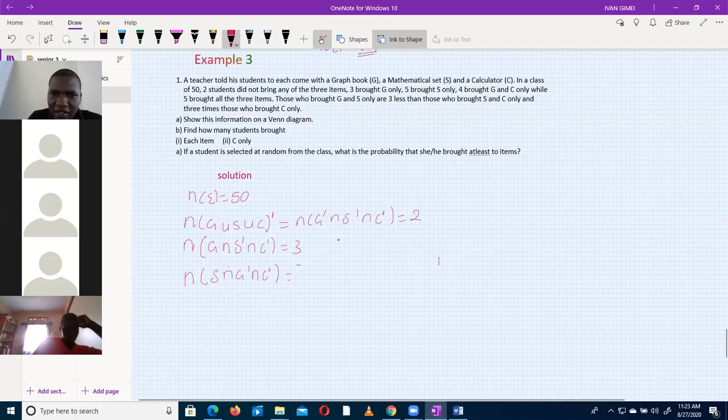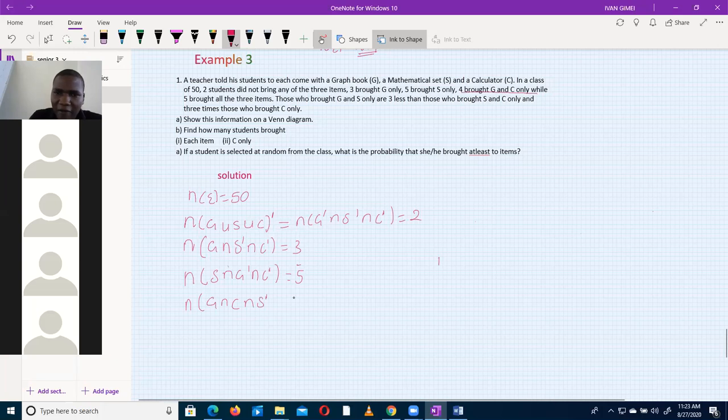Yeah, make sure you track what I'm writing so that in case I make any blunder, we check it out and we don't again waste time. 4 brought G and C only. So G intersection C intersection S complement. There are 4.